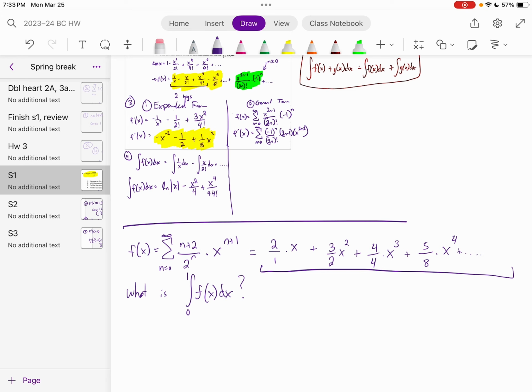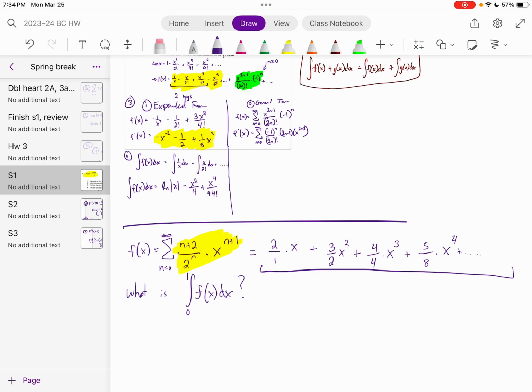But we can't just completely ignore it. So integrating each piece is going to be very tricky because we're not asked just for the first three terms. So I'm going to want to integrate this thing. And again, you know that the integral of my sum is going to be equal to the sum of my integrals.